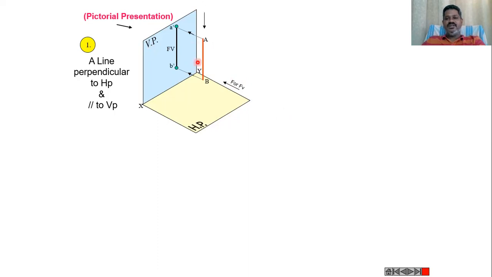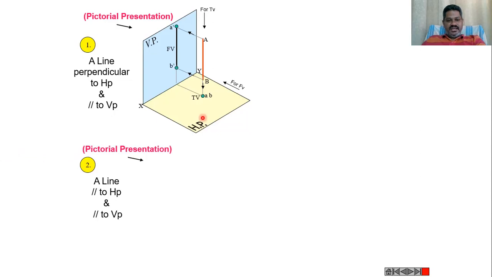And when you see this line from the top, it looks like a point, which will be projected onto the horizontal plane as a point like this. That means when the line is perpendicular to HP and parallel to VP, the front view is a vertical line, and the top view looks like a point projected on the HP.